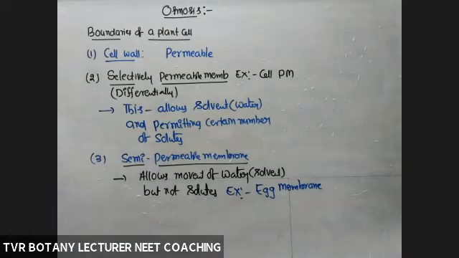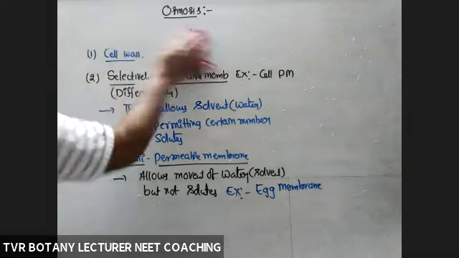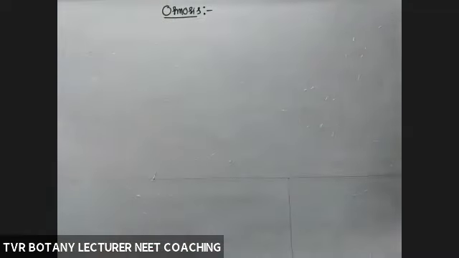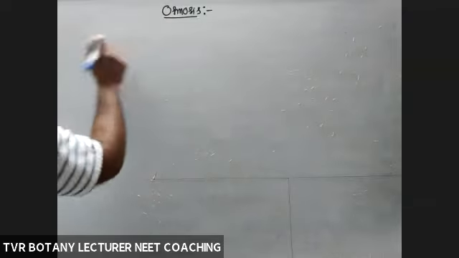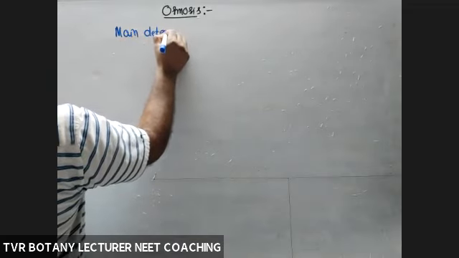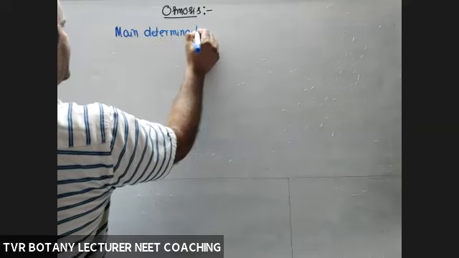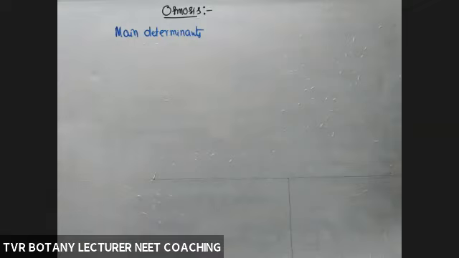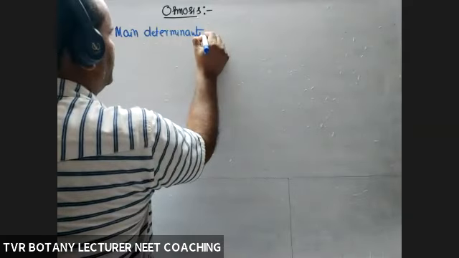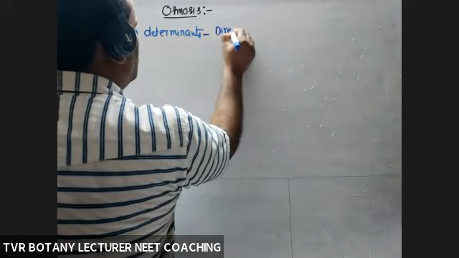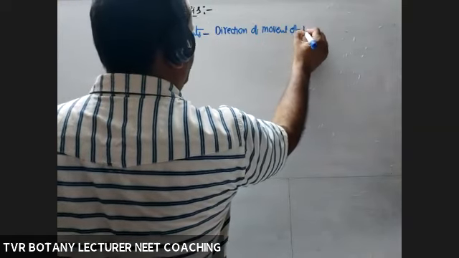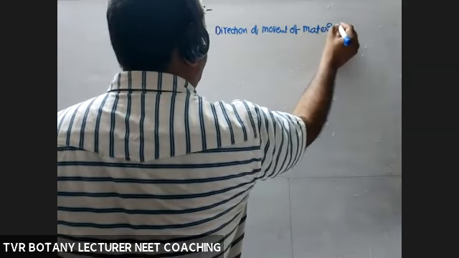Next, what are the main determinants? Main parts which are able to decide the direction of movement of various materials in a plant cell.